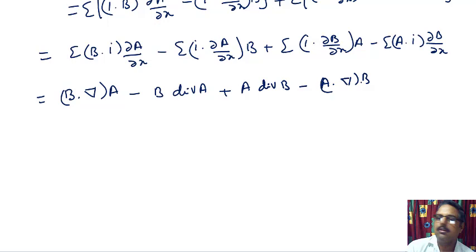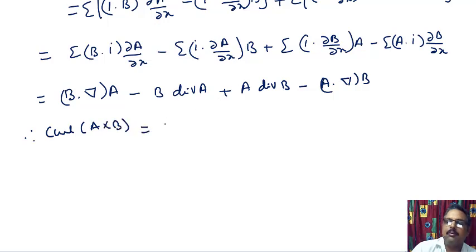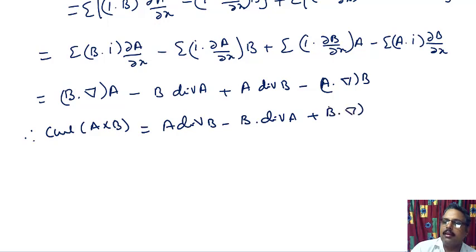What is the conclusion here? Curl of A cross B equals A divergence of B minus B divergence of A plus B dot del A minus A dot del B. This is the most important result.